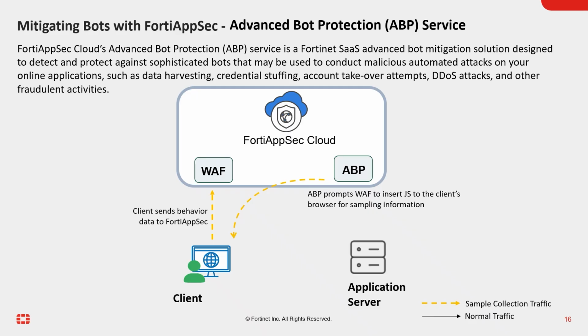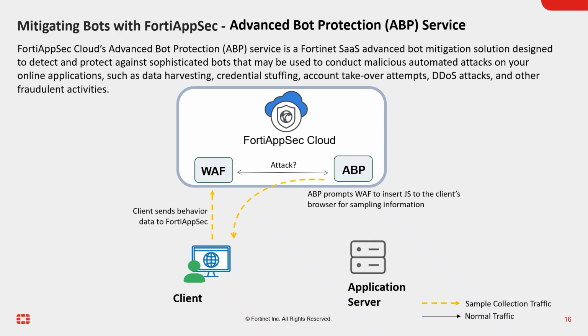The Cloud WAF then analyzes each request and provides ABP with information such as HTTP headers, TLS fingerprinting data, source IP address and ASN, request patterns, and timing characteristics. Advanced Bot Protection evaluates these signals using its machine learning models and global threat intelligence to classify the activity as human or automated.